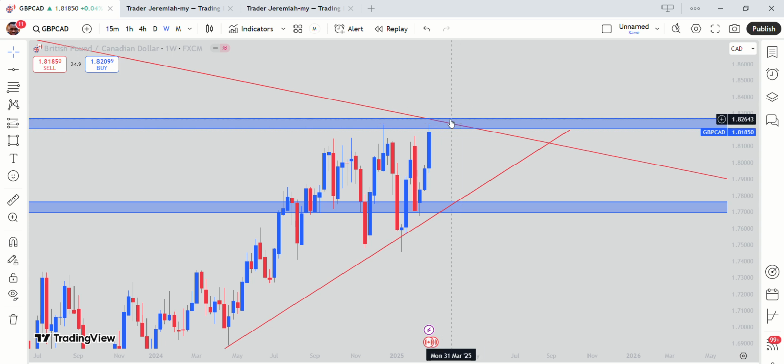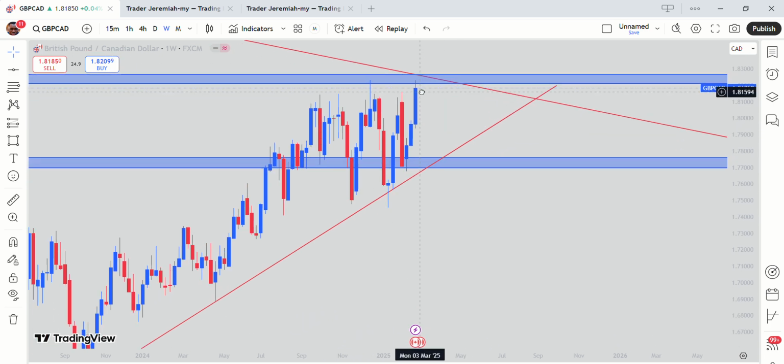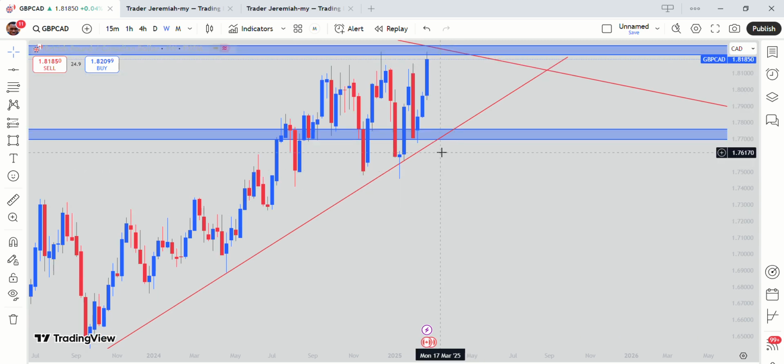If I start seeing bearish engulfing candlesticks, selling pressure coming into the market, when price touches this zone, I'll be looking for a selling opportunity on the 4 hour or 1 hour time frame. And if price is able to get to this level and break this level, this is going to be another entry point.